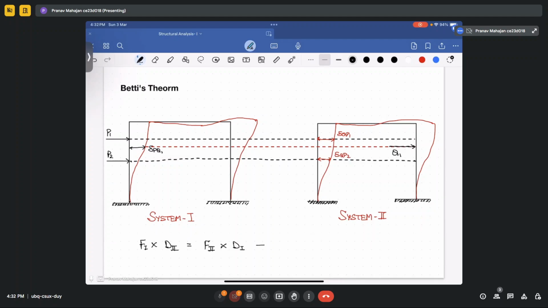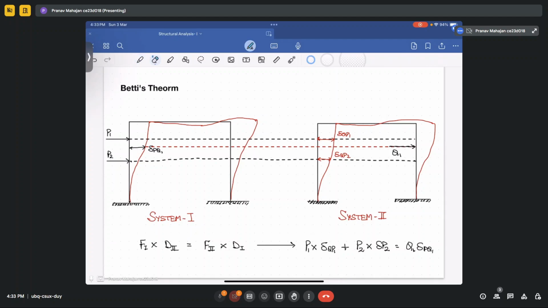So by this, what you will get is P1 into delta QP1 plus P2 into delta QP2, that would be equal to Q1 into delta PQ1.